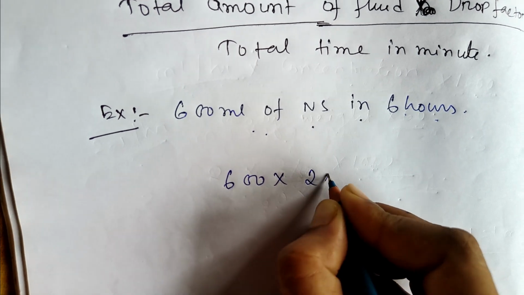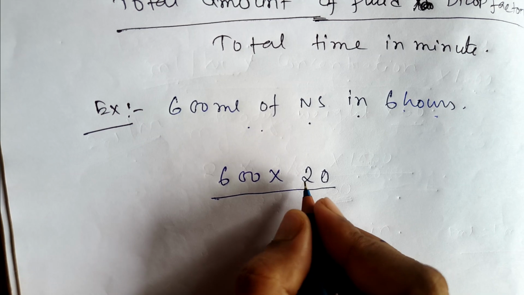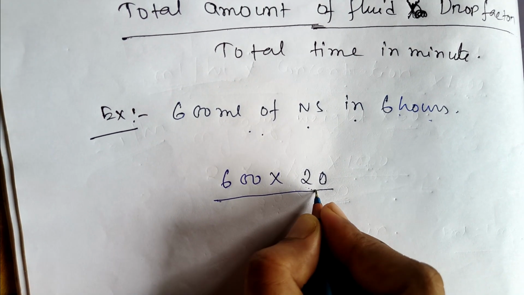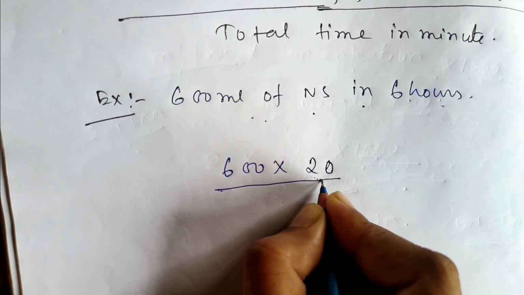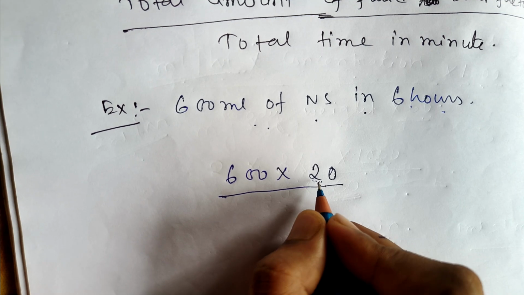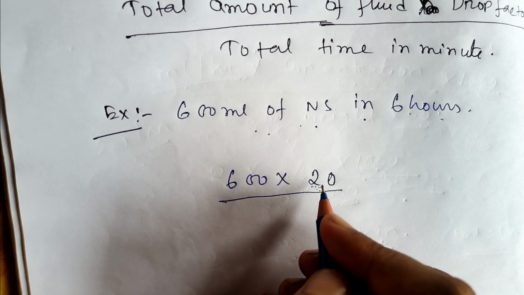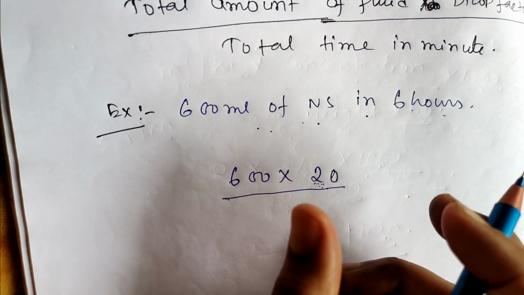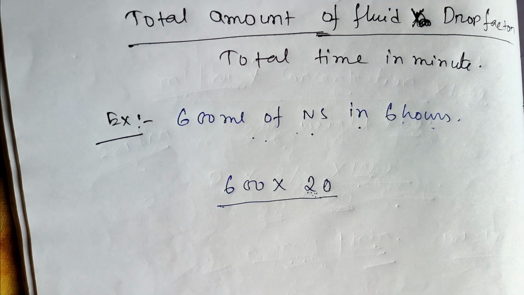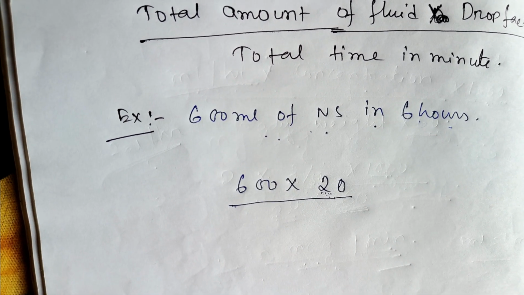the drop factor is 20. In case of adult the drop factor is 20, which is constant. In case of pediatric the drop factor is 60. Okay, because the 20 is due to the fluid being given through the adult drip set. For the NS or RL we give, the IV set we use is a macro drip set, also called adult drip set.